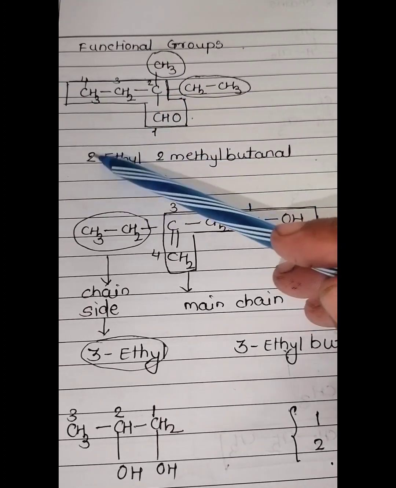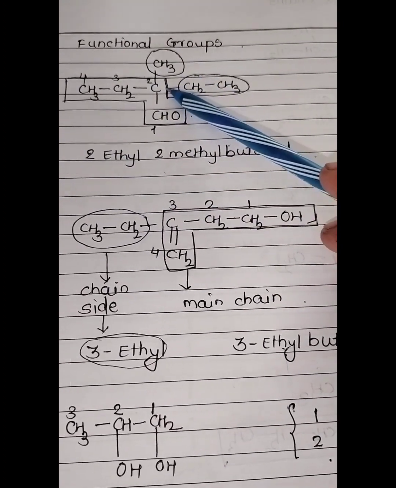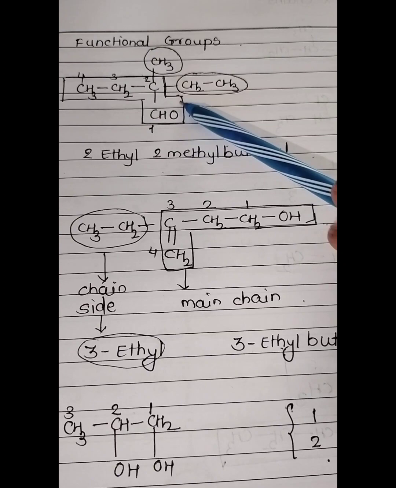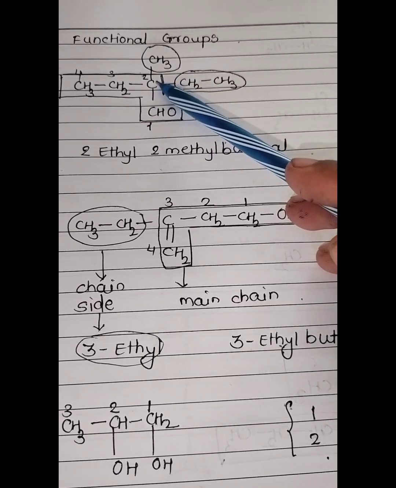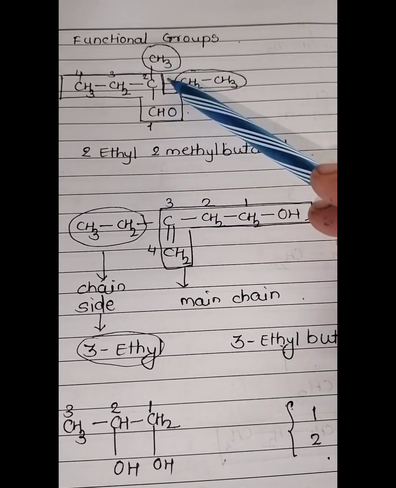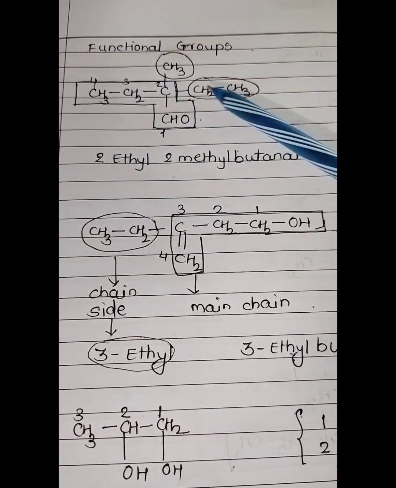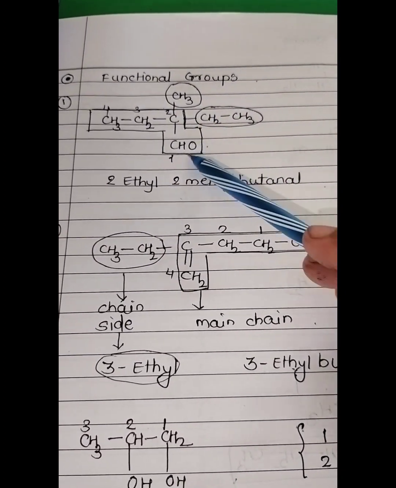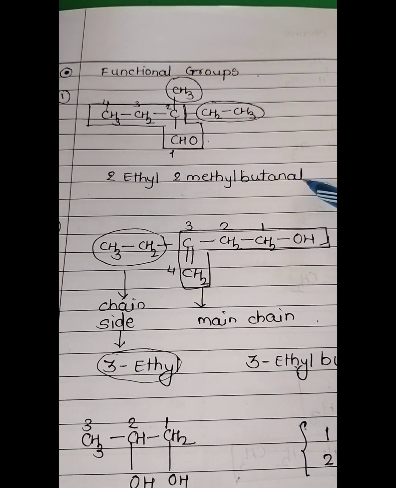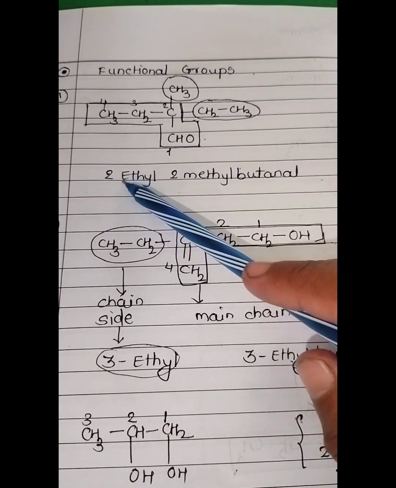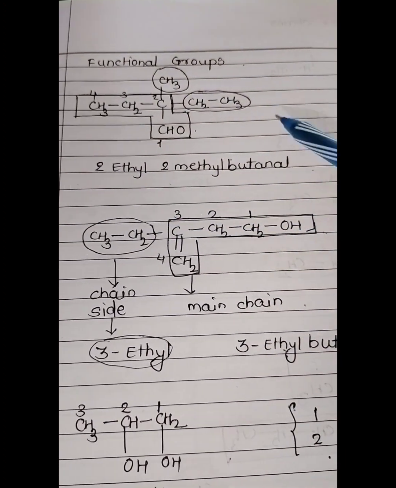At the second carbon an ethyl and a methyl group are attached, so we name 2-ethyl, 2-methyl. There are 4 carbons, so butane, and the aldehyde suffix is -al, so butanal. So the name of the compound is 2-ethyl-2-methylbutanal.